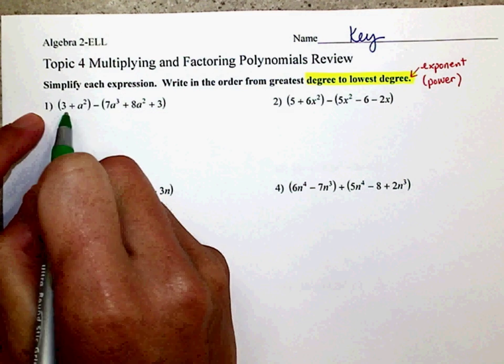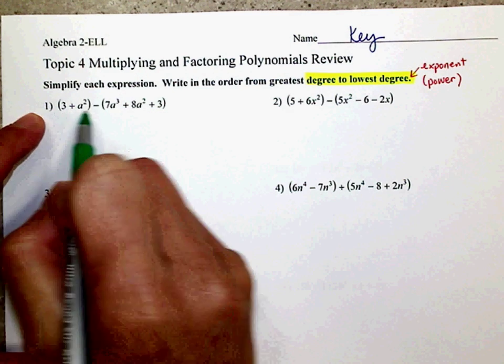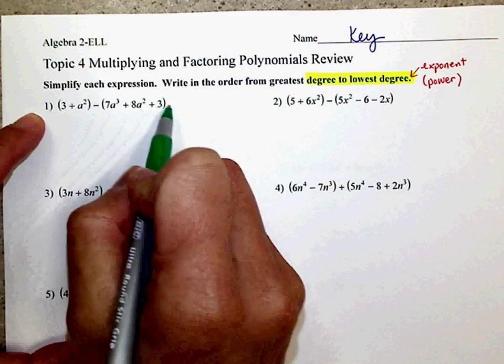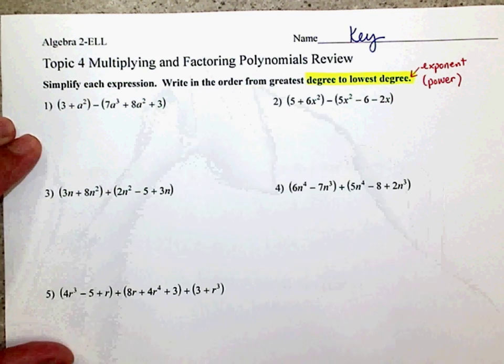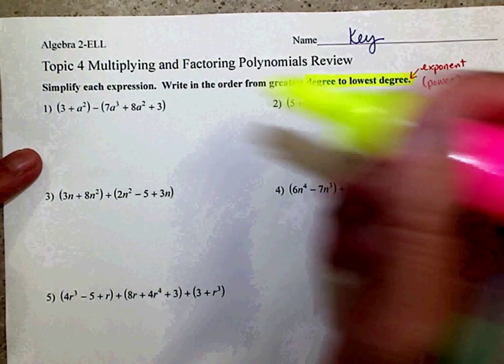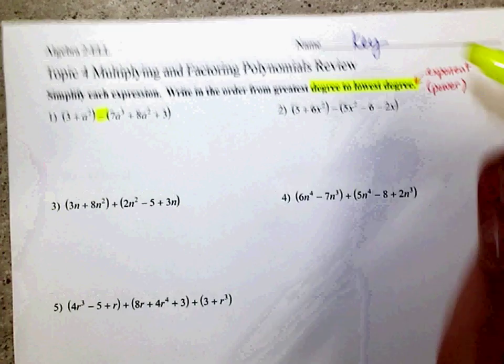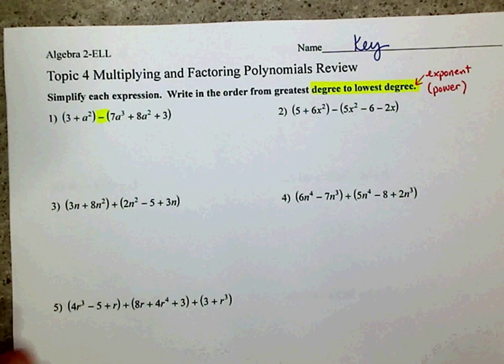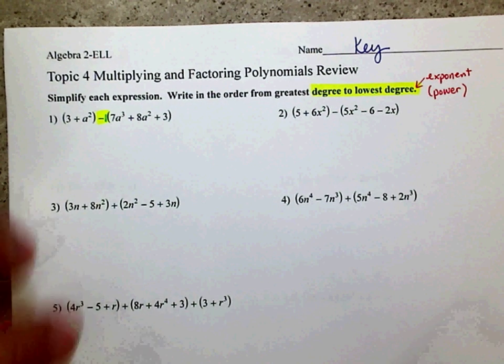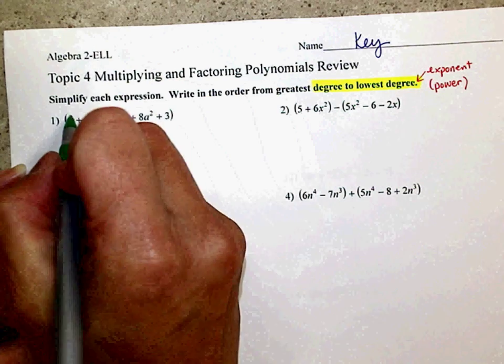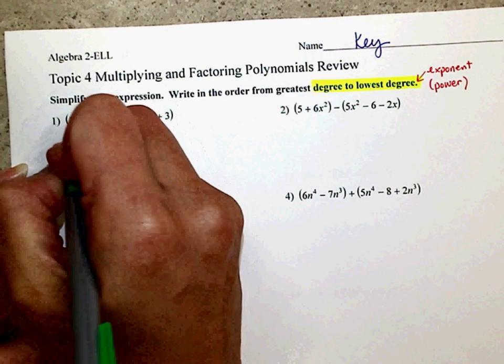Now, look inside your parentheses. Do you see that there's nothing alike that you can factor or combine or add, okay? So therefore, the next part is take a look at the whole thing. Do you see how there's a minus right there? That's the same as having a minus 1, okay? So you're going to distribute that out. So 3 plus a squared.